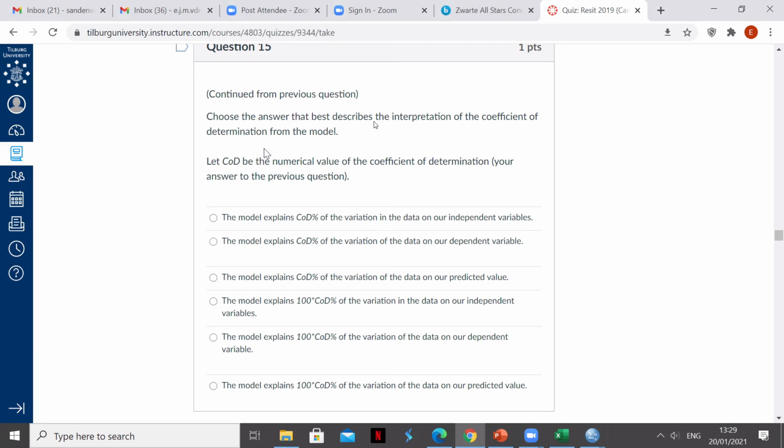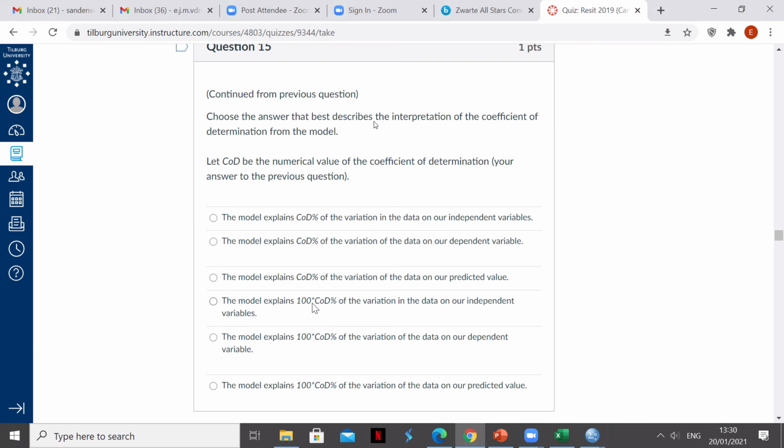Okay. The first answer is the model explains COD percent of the variation in the data on our independent variables, and then COD percent on our dependent variable, COD percent on our predicted value.